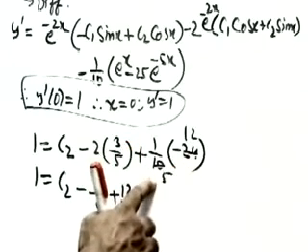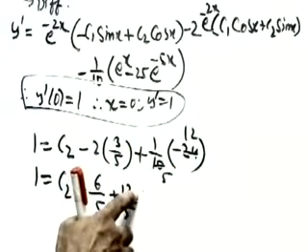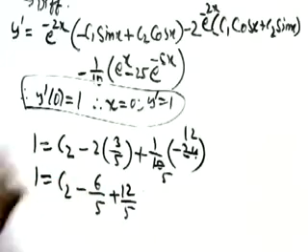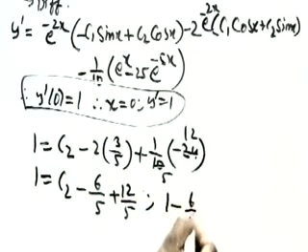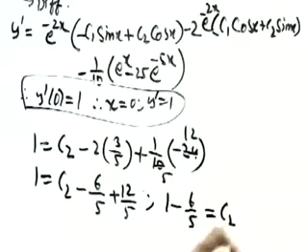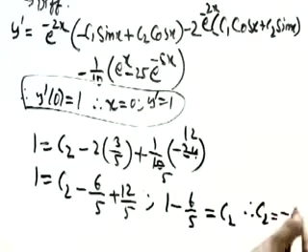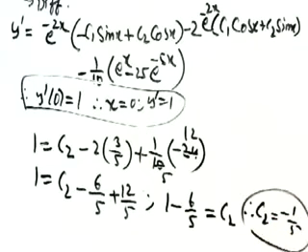Now what will happen? 12 minus 6 will be 6 by 5. Bring here, it will be 1 minus 6 by 5 equals to c2. 5 1s are 5, 5 minus 6 will be minus 1. Therefore, c2 equals to minus 1 by 5.